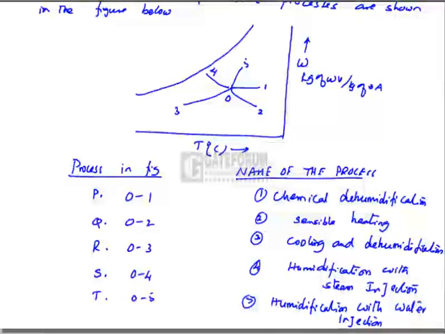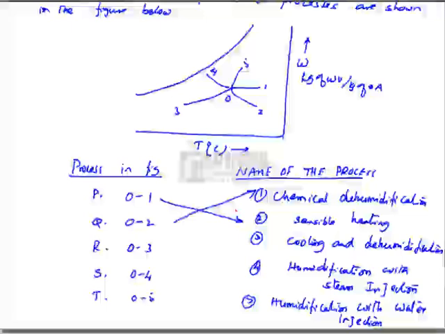From this we have to match the things. 0 to 1, that is obviously a horizontal process. It should be sensible heating. So P matches with 2. 0 to 2, that should be the chemical dehumidification process, wherein the WBT remains constant and enthalpy also remains constant. Looking at the 0 to 3, that is cooling with the dehumidification process, that is R corresponds to 3.